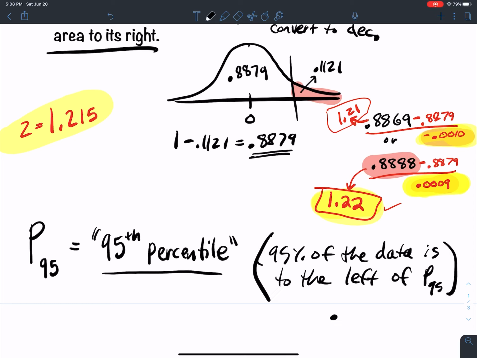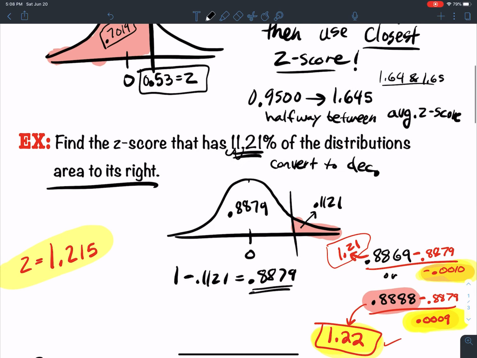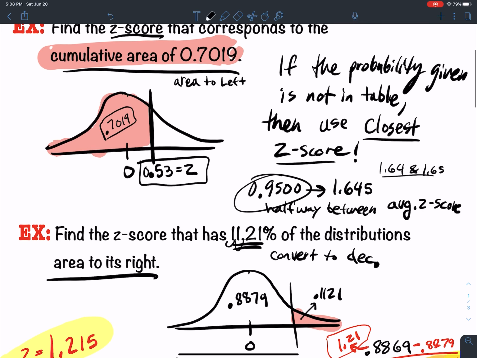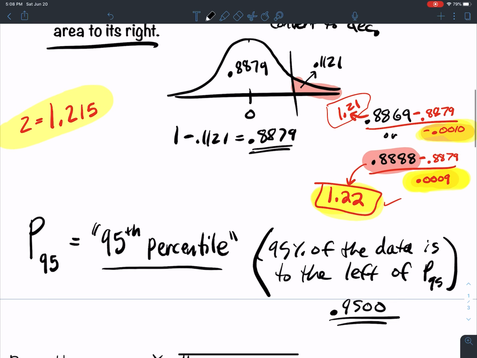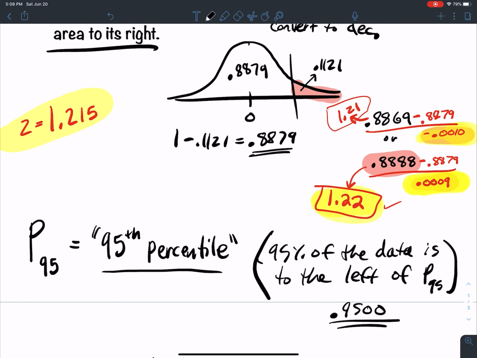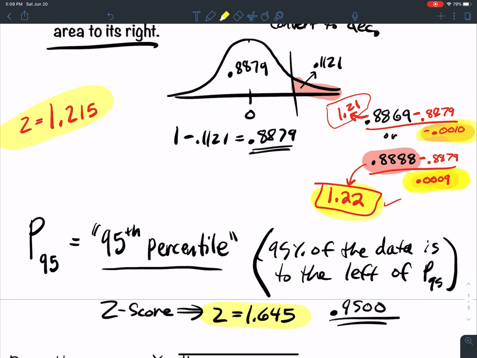That represents 0.9500. And when you go look this up in the chart, just like we just did, we find that it's right there in the dead center. It's the average. The z-score that corresponds to this is 1.645. Okay, you ought to just memorize this due to how many times you have to use this for the percentile.